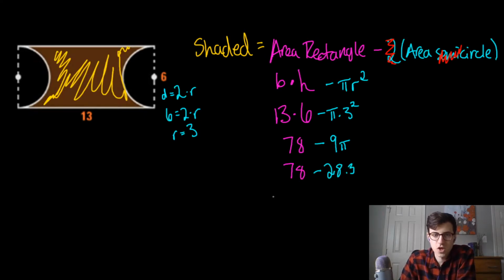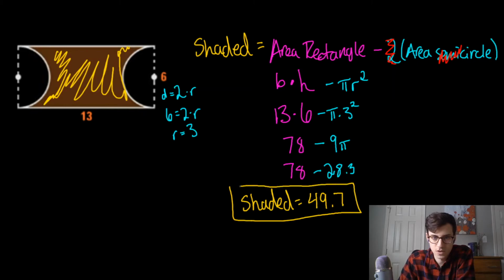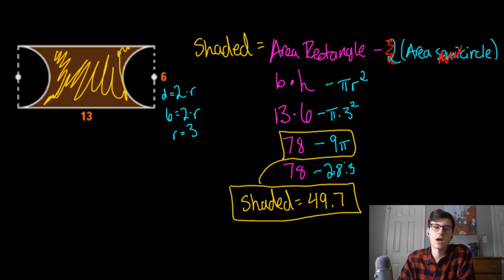So the area of the shaded region is 49.7. We don't have any units, so we don't have to worry about the units. So you could either say that it's 78 minus 9 pi, or if we're looking to be more precise, maybe we say 49.7.